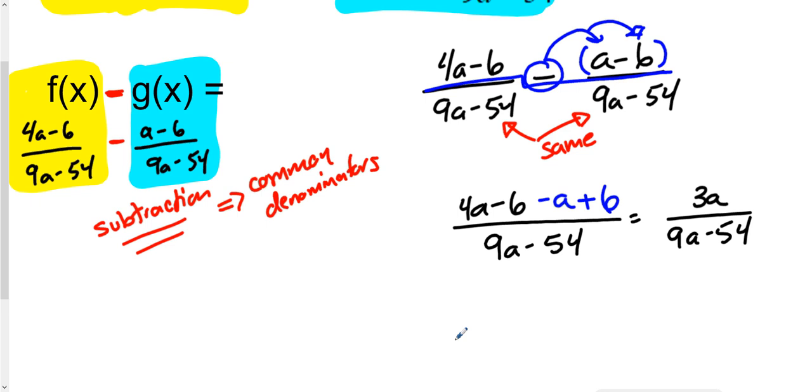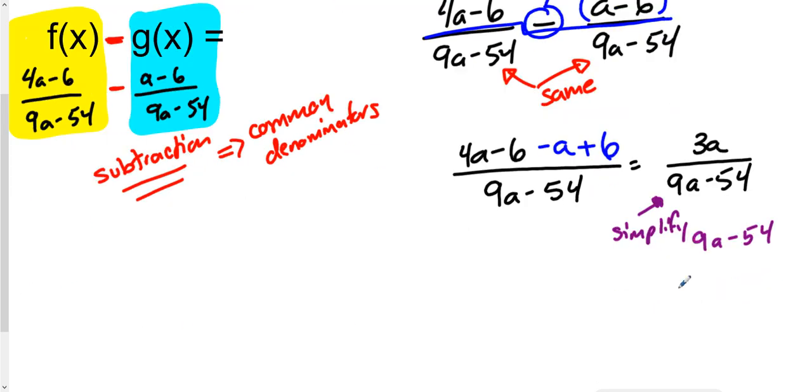Now, before you say, oh, I'm done, we have one more step. We need to simplify our binomials and our trinomials. So if we simplify 9a minus 54, I can divide 9 and 54 by 9, and then I have a minus 6.